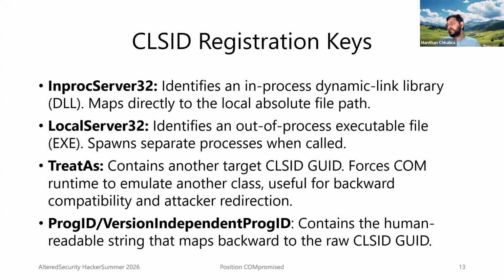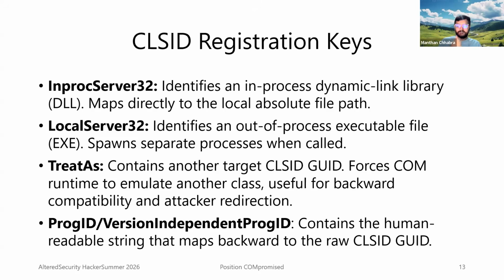You can have a benign COM object with a CLS ID, and instead of modifying its in proc server 32 or local server 32, you point it to another malicious COM object that you just created instead, and that gets triggered.